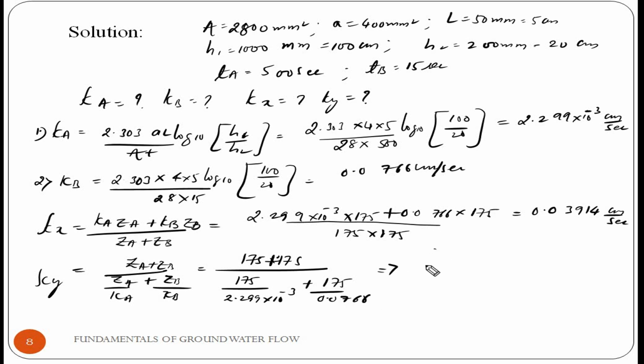So here the value Ky is 4.464 into 10 to the power of minus 3 centimeter per second.